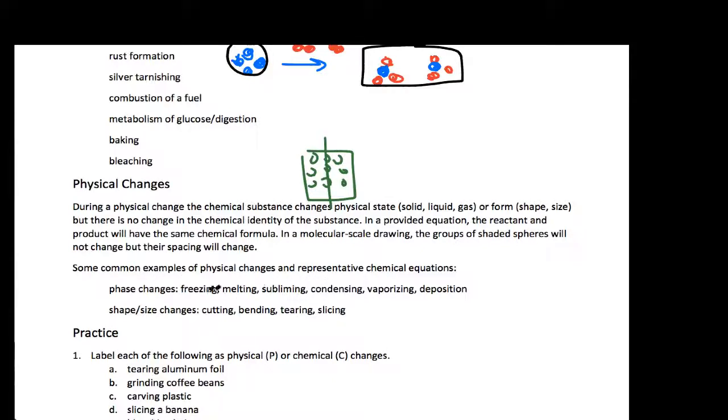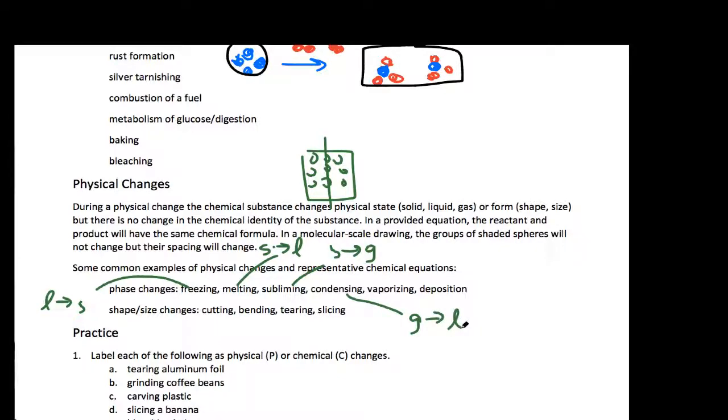You can freeze things. Sublimation means to change from a solid to a gas. Melting means solid to a liquid. Okay, so it's good to know what these mean. Freezing means liquid to a solid. Condensing means a gas to a liquid.